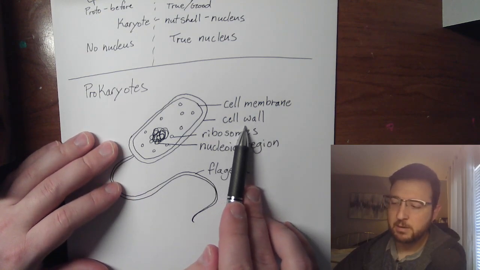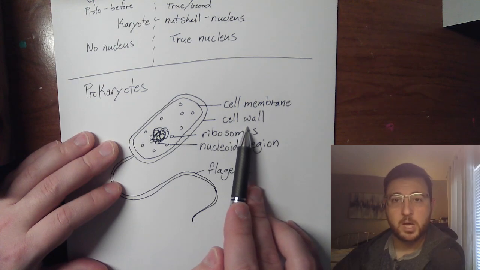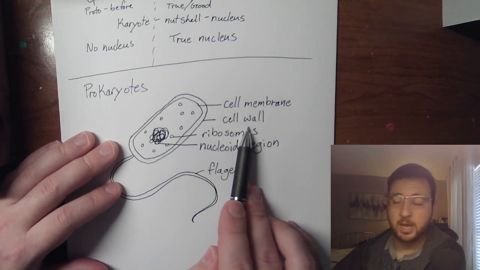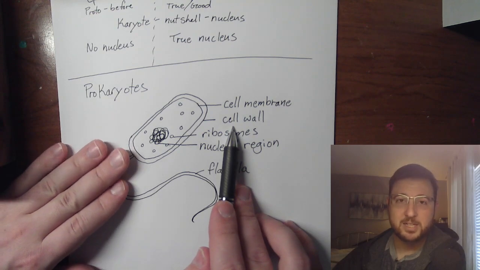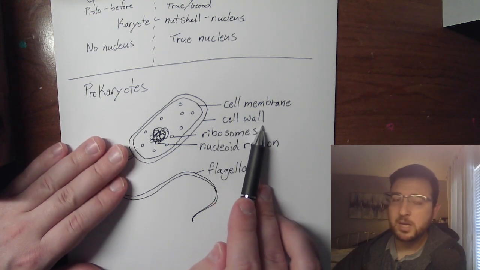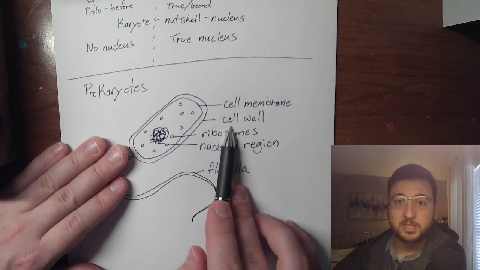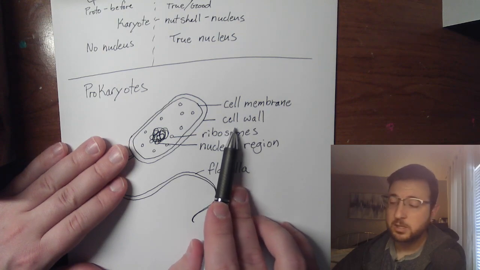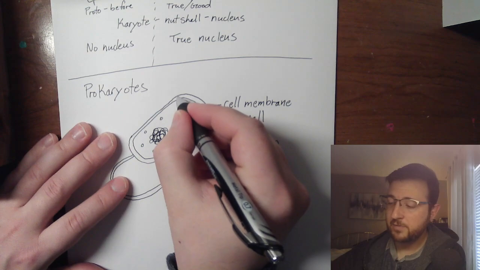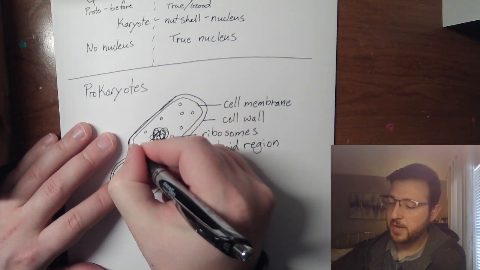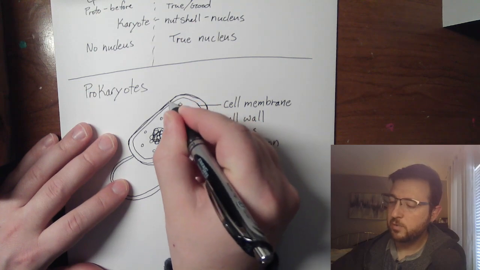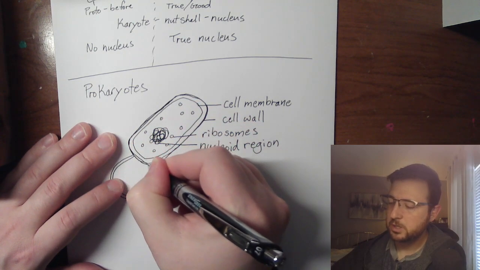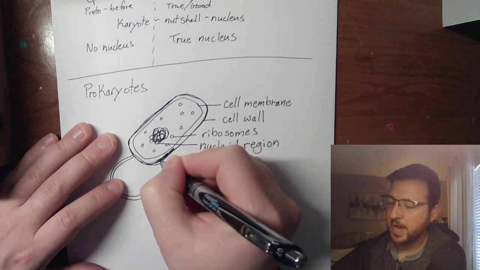Just outside of that, there is the cell wall. Plants and bacteria have cell walls; animals don't have cell walls. These cell walls keep them from exploding, okay? So for these prokaryotes, they have this special rigid structure on the outside that provides extra support for the cell. So we'll talk later about exactly how that happens.